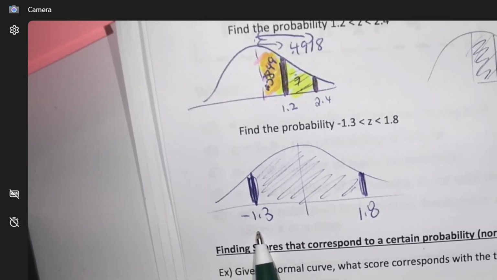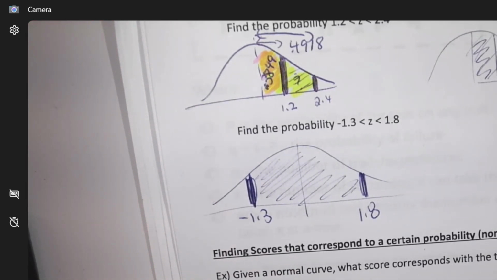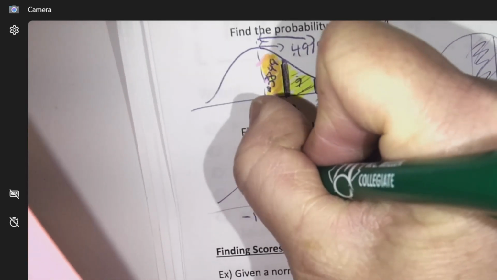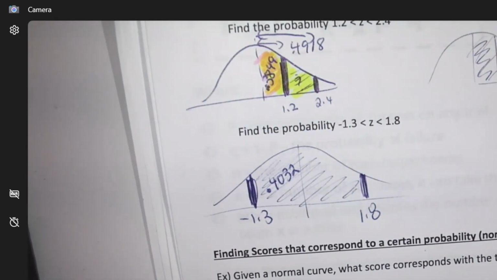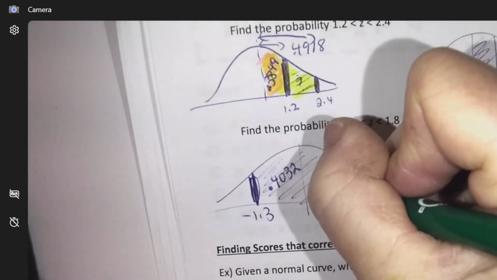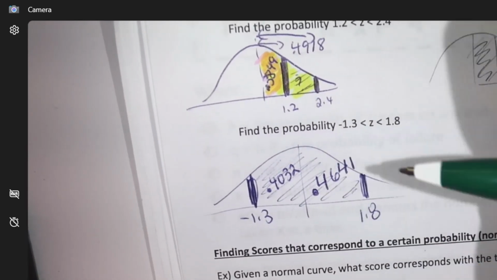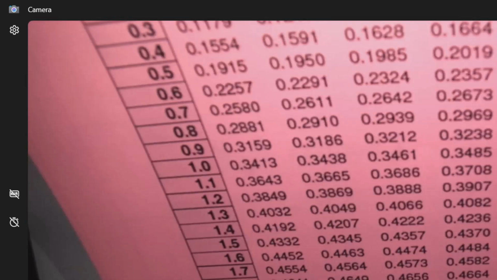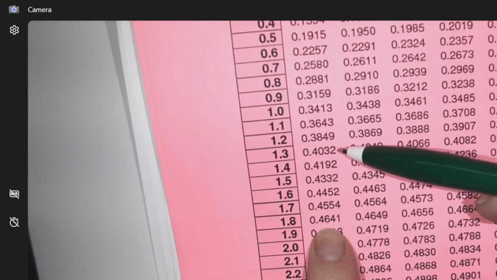Obviously this is negative 1.3, but that'll still give you the same area, it doesn't matter which side. Find the number in your chart. There's the 1.3, there's the 1.8.